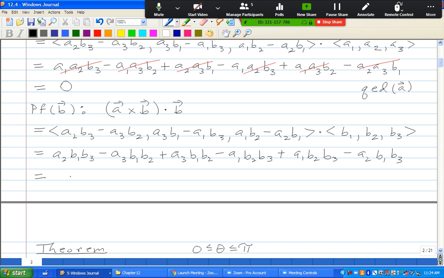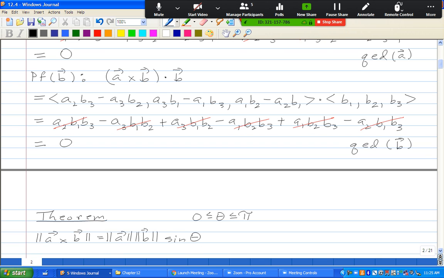Let's see what cancels. A2 B1 B3 cancels, A1 B2 B3 cancels, A3 B1 B2 cancels. And so you get 0. That's what I wanted to show. So I've shown that both A and B are orthogonal to A cross B.